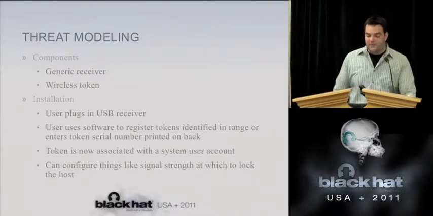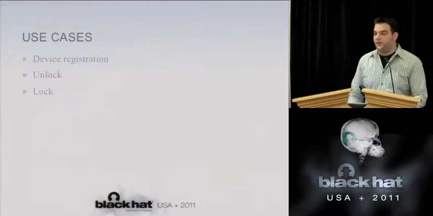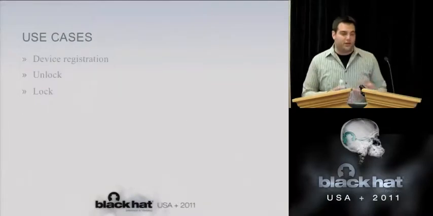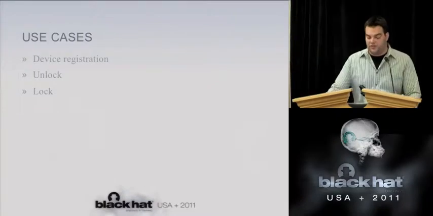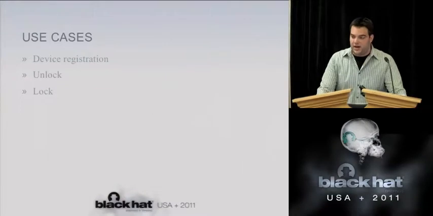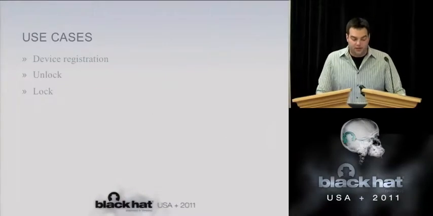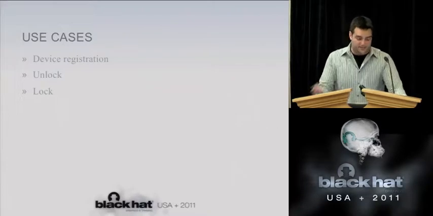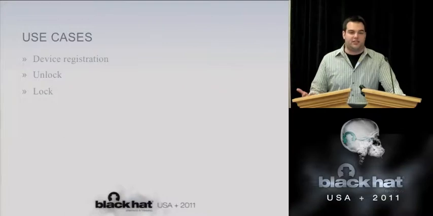But we still really have the same use cases to look at. The first is device registration. So we talked about that installation process. What's actually being done to register those devices? What's being done to unlock the host computer? What information is being sent over USB to signal an unlock? And then at the same time, what's being done to signal a lock, to say, hey, I'm out of range, lock the computer?